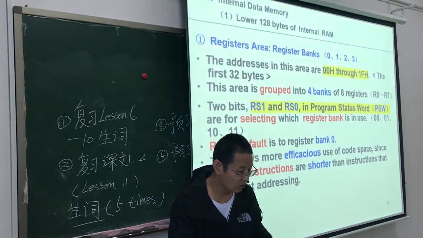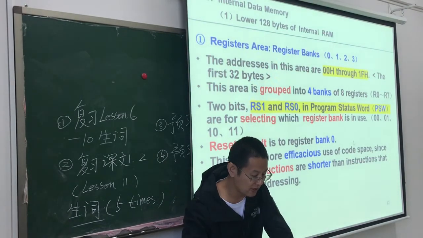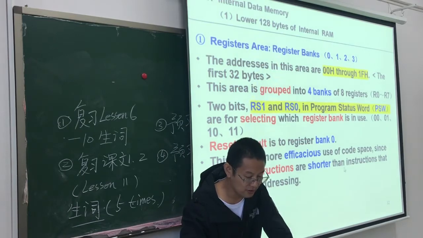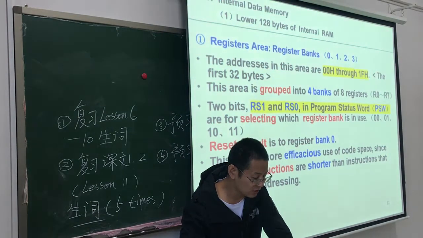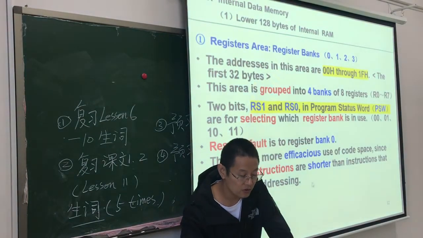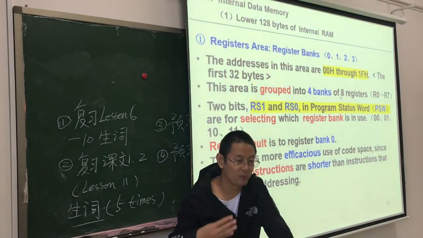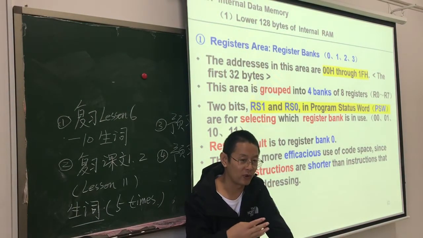This allows more efficient use of code space, since register instructions are shorter than instructions that use direct addressing, which means if you use the registers, your program will run faster.